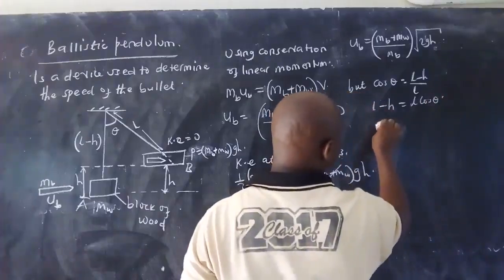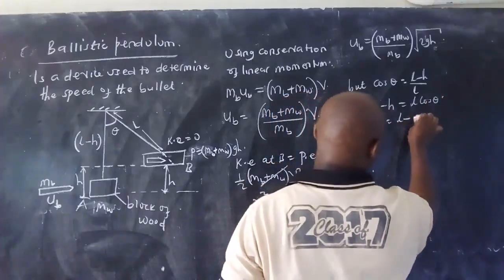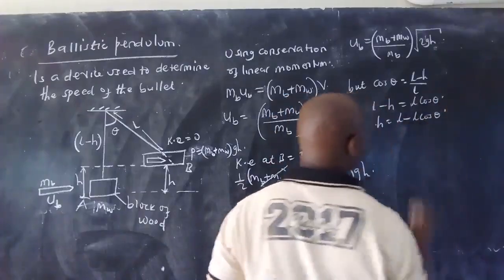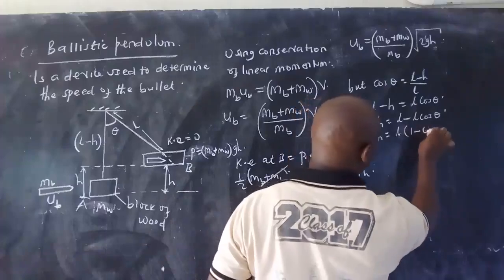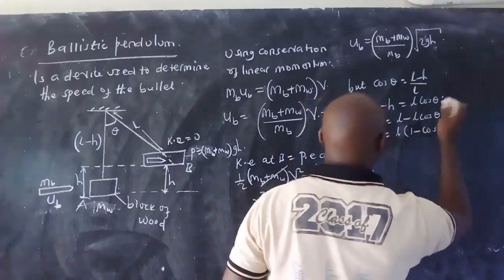So now H will become L minus L cos theta, not so? So H will become L into 1 minus cos of theta.